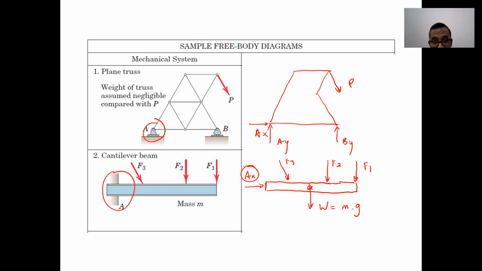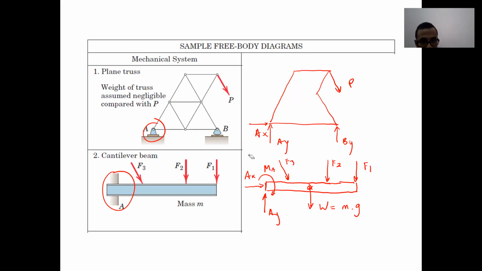Okay, and we have to add the y direction reaction force, AY, in order to restrict the movement in the y direction, right? And you have to add moment as well, in order to restrict the rotational movement. So basically like this, Benedictus.